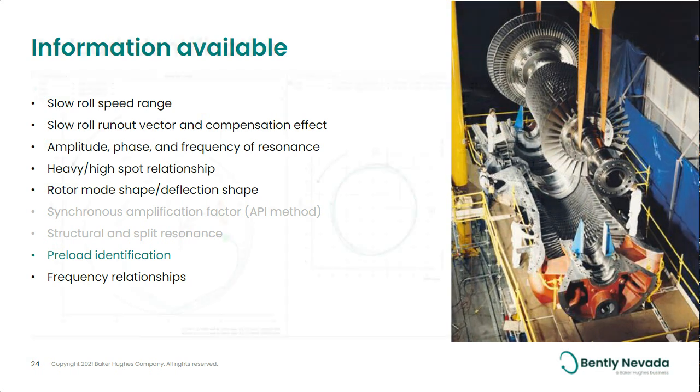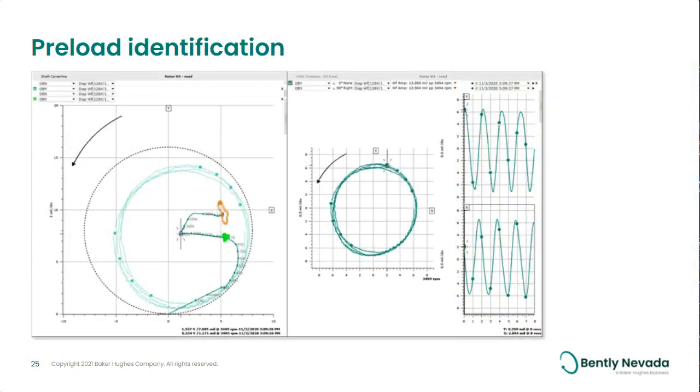So here's our shaft centerline plot. Again, this is our orbit time base. We're back to our favorite whirl orbit, and you can see it transposed on our shaft centerline plot.